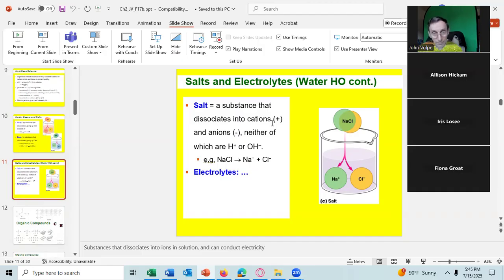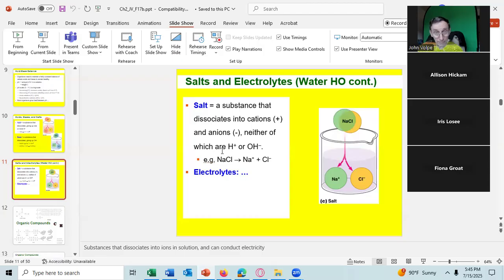However, a salt is a substance that does not dissociate into H plus and OH minus. So water, which can break into H plus and OH minus, is not considered a salt.